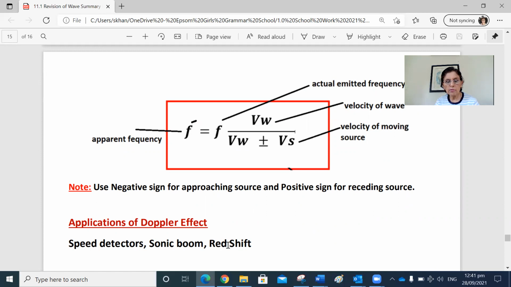So the apparent wavelength of light from a receding star will have a lower frequency, and lower frequency means that the color of the spectrum will be more towards the red, because red light has got lower frequency and longer wavelength. So that's what a redshift is.